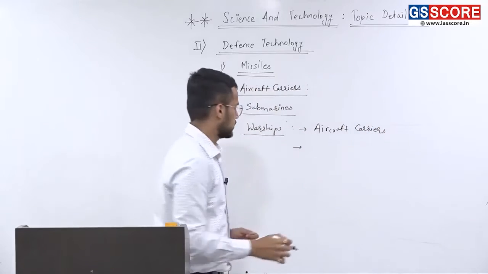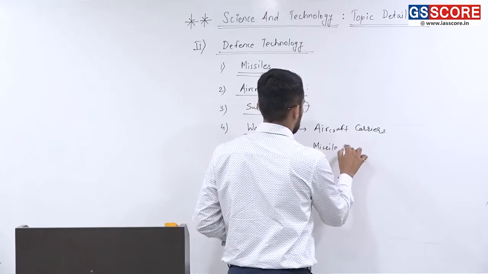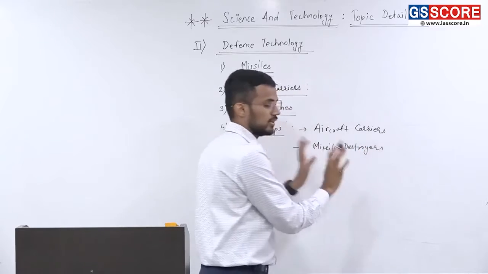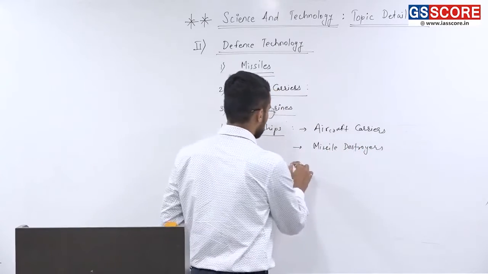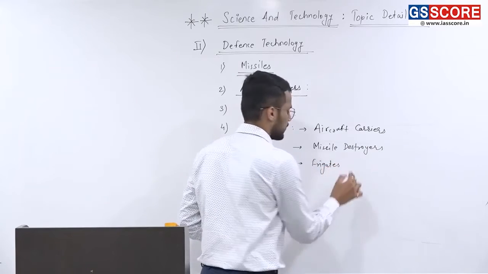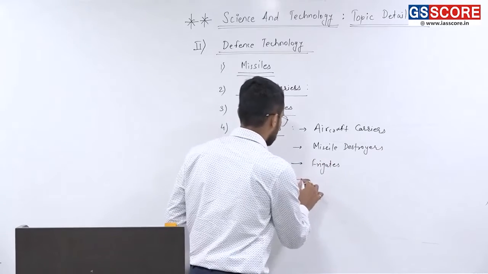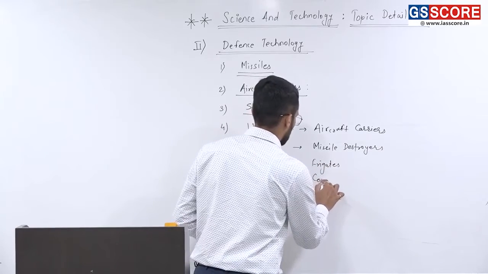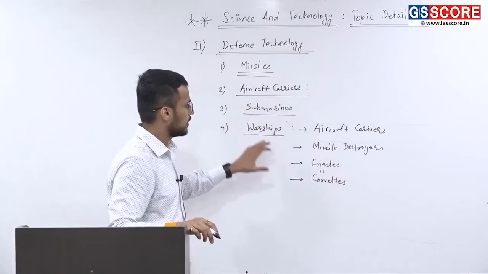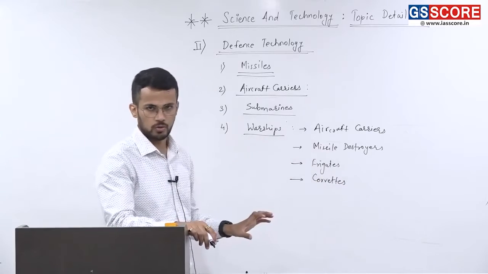Then next is missile destroyers, or simply destroyers. Then we have frigates, which are relatively smaller warships, and then we have corvettes. Right? So these are different types of warships that you must be aware of.